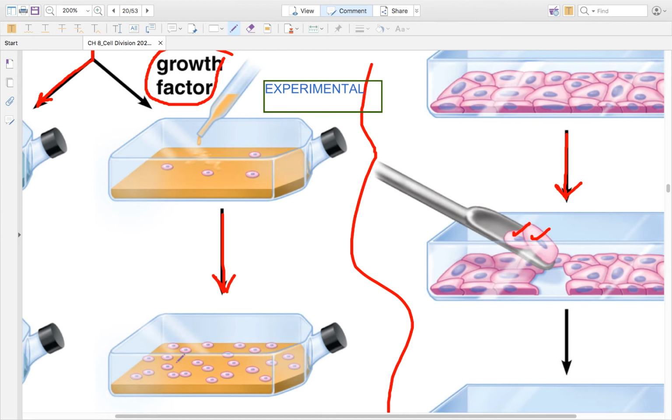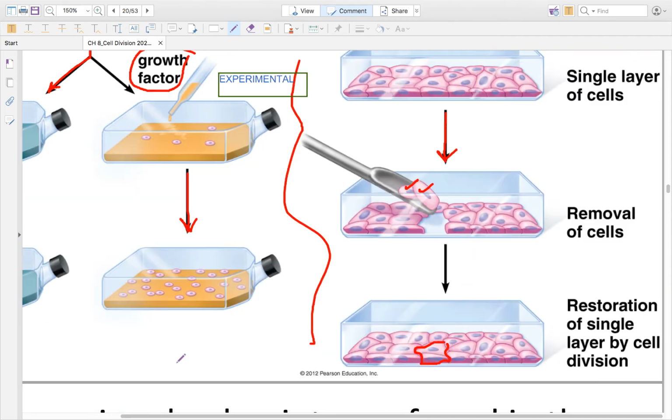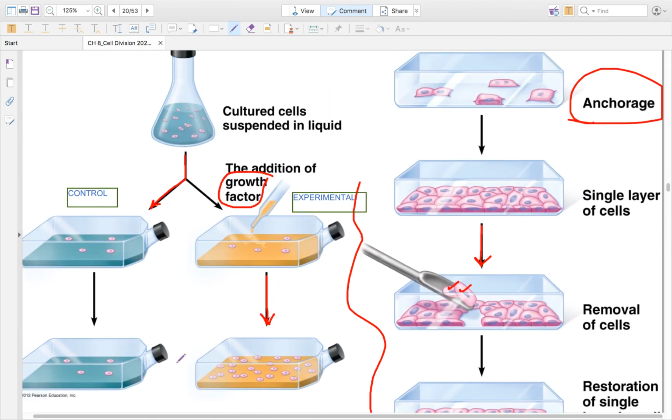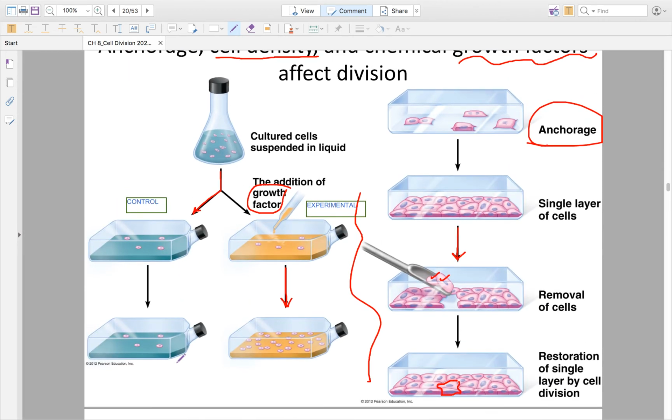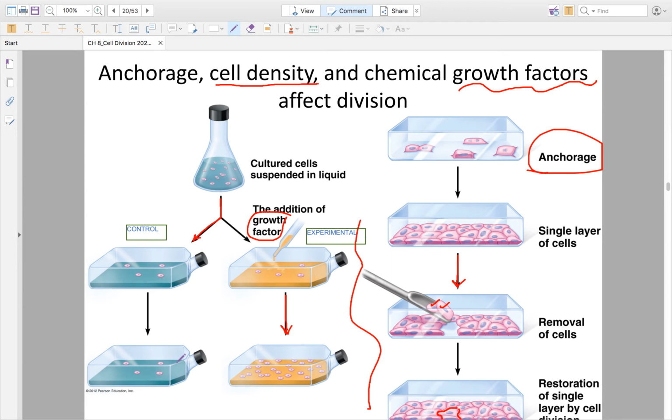All right, so either way, these are the things that affect cell division, meaning that they follow laws, and there's certain things that can break the laws, like the growth factor can break this law. But mostly they have to be anchored to something. And in the human body, they're going to be anchored to your underlying tissue, like your cartilage. They're not floating around.